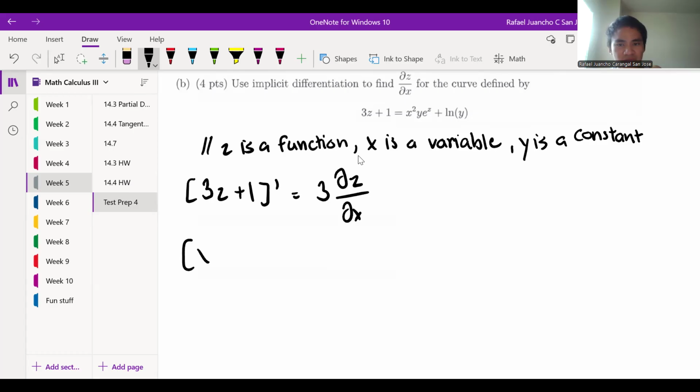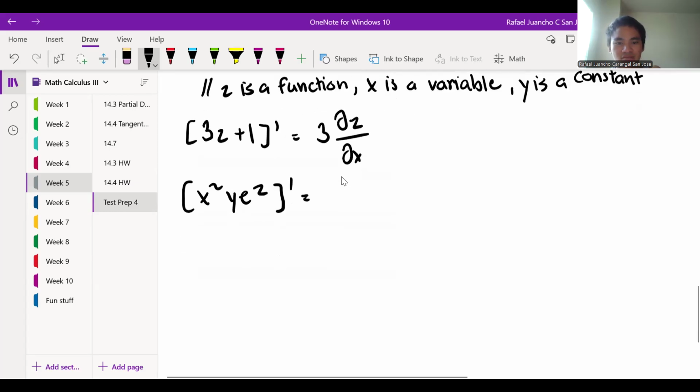And if I do x squared y e to the z, well, here I actually got a couple of things. My y is out, so I leave it alone. And then now I have my x squared e to the z.